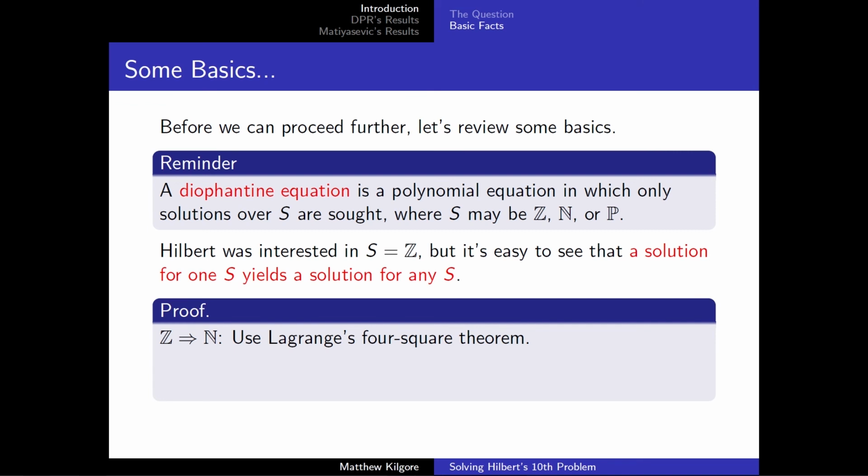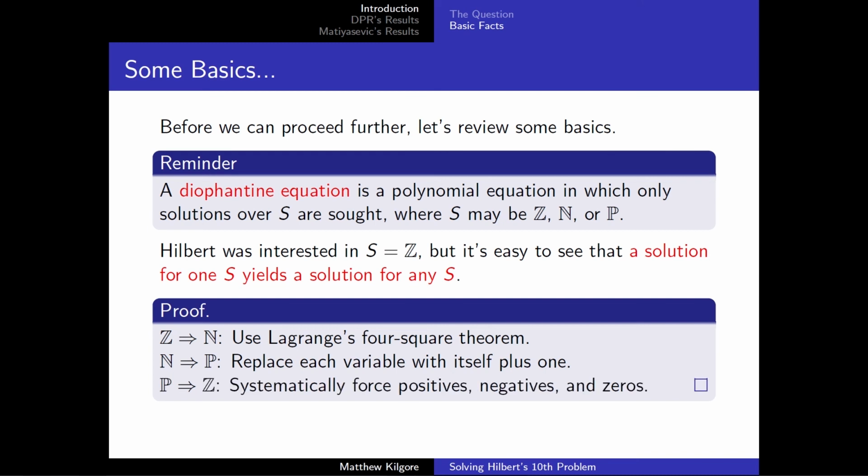For the integers to the naturals, you use Lagrange's four-square theorem. For the naturals to the positives, just add 1 to each variable. And for the positives to the integers, systematically check for every solution to be positive, negative, or 0.